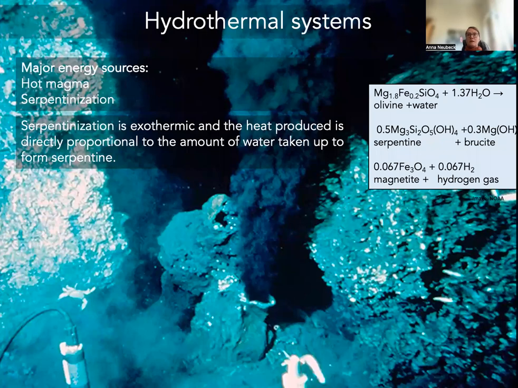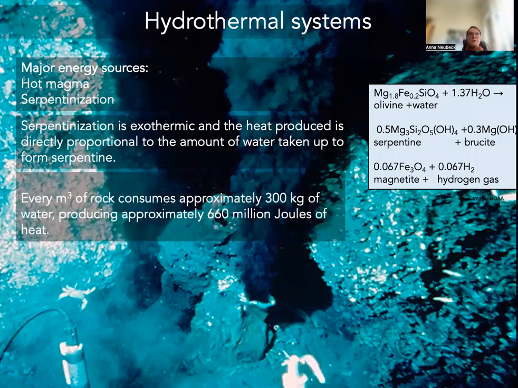And the heat that is produced in this serpentinization reaction is directly proportional to the amount of water taken up to form the serpentine minerals. So for every cubic meter of olivine rock that is consumed, it's consuming approximately 300 kilograms of water.